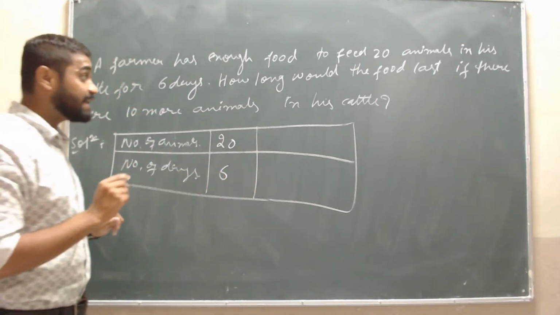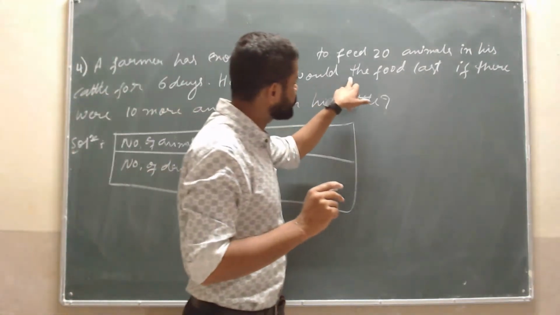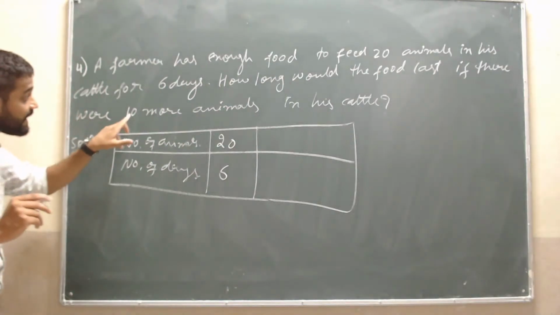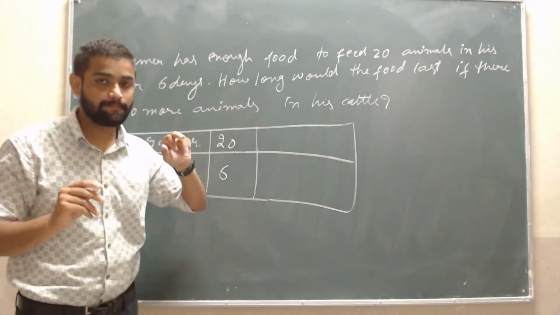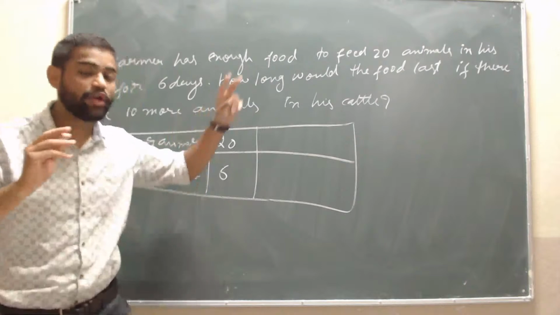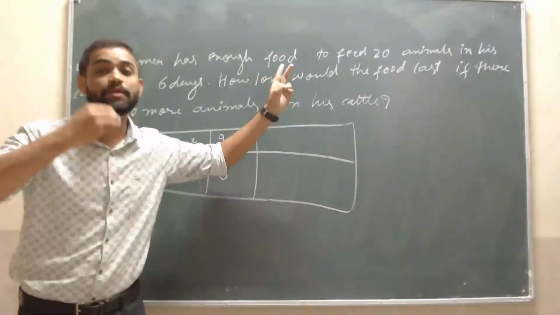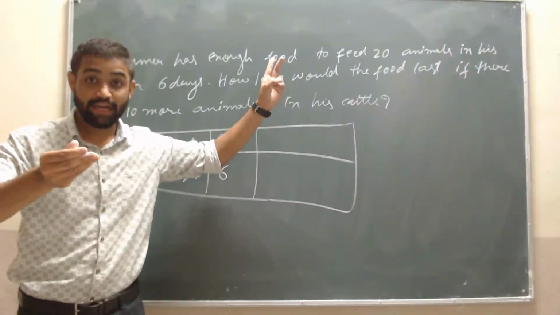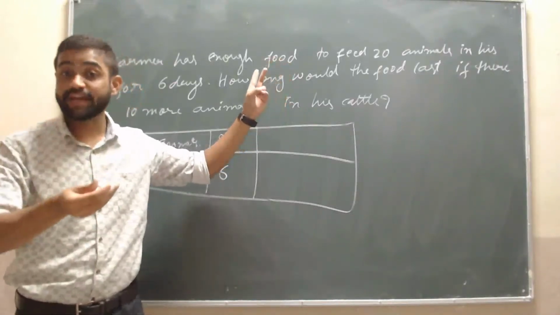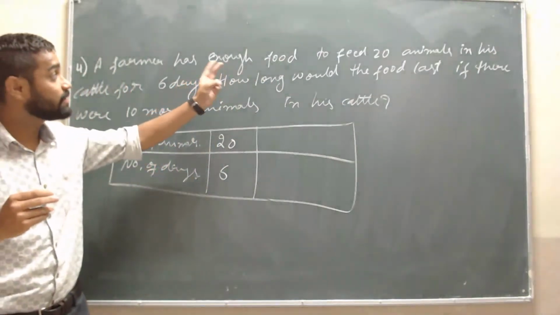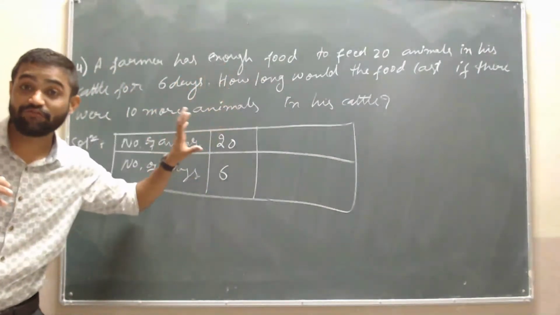Then again, how long would the food last if there were 10 more animals in his cattle? He knows only 20 animals, but there are 10 more animals. Then how many days will the food be enough for them?